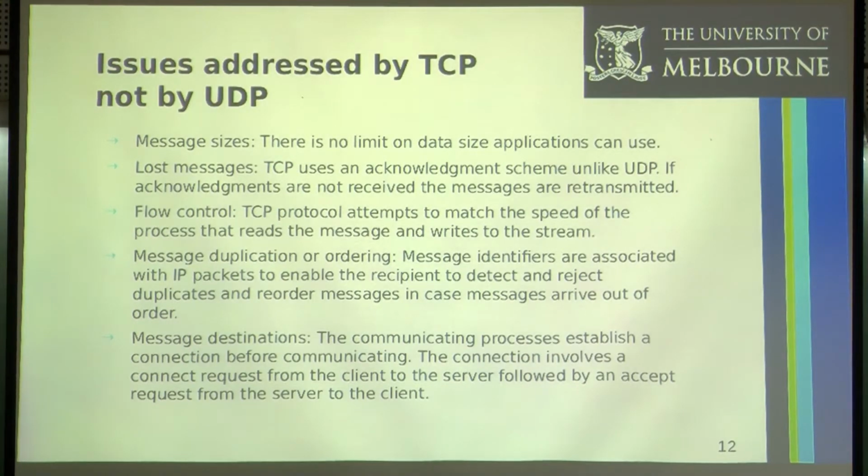So it's a bit of a comparison. There's no limit on the data size that applications can use. This is addressed by TCP. UDP has a fixed size. You can transmit lots of packets, but each packet you can only put so much in. In IP version 6, I think there's a concept of a jumbo packet.